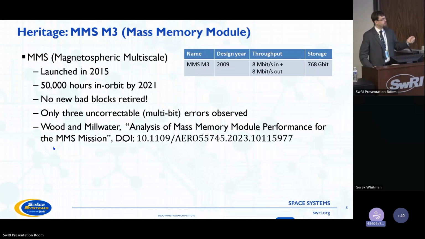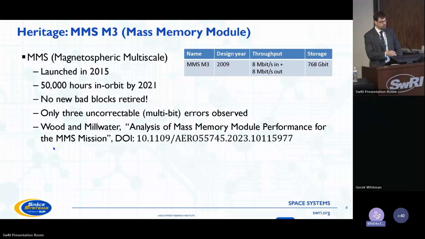No new bad blocks were detected, so we did not have to make use of that bad block mapping. And our EDAC scheme was able to correct single-bit errors and detect double-bit errors, and we only detected 3 uncorrectable errors. Everything else was correctable. So this was MMS M3.